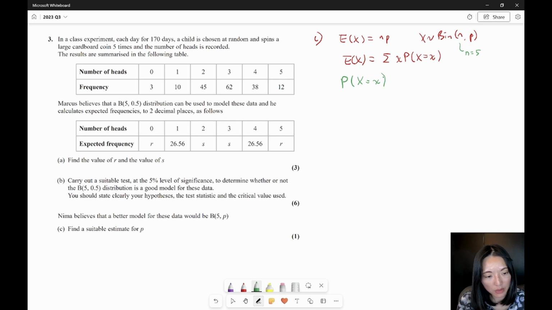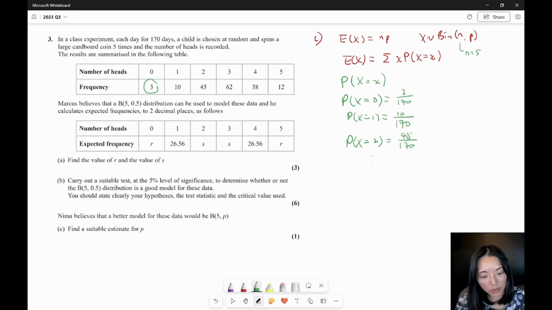For example, the probability of x equals 0 is simply 3 over 170, because there are 3 occurrences out of the 170 days. Probability x equals 1 equals 10 over 170. Probability of x equals 2 equals 45 over 170, etc.